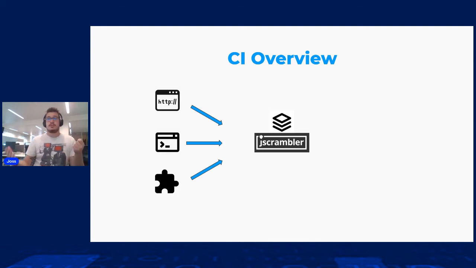We have firstly the dashboard, in which the user is able to upload their files, obfuscate them, and retrieve their obfuscated code. Then we have our command line, which is mostly used in development pipelines and everything that is internal. And then we have our plugin.